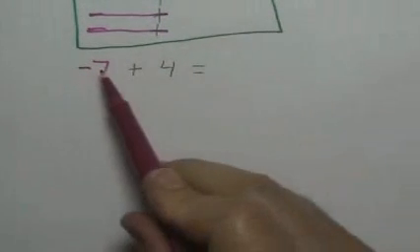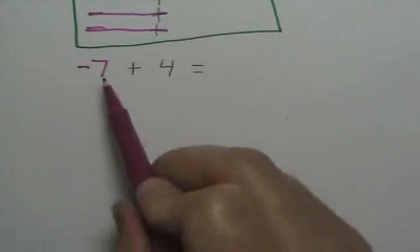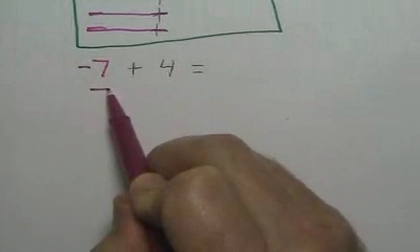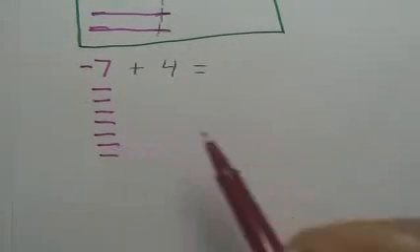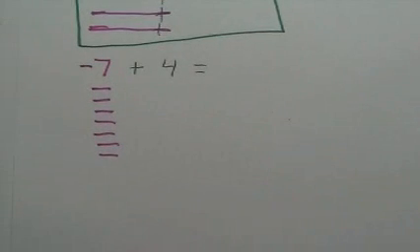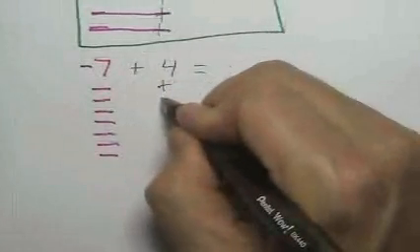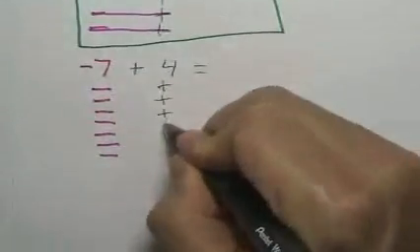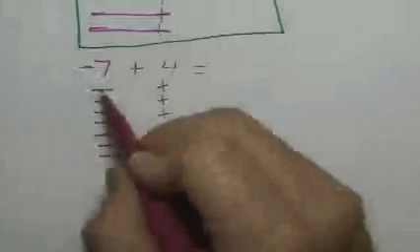Okay, here's the next one. Negative 7 plus 4. So I have 7 negatives. 1, 2, 3, 4, 5, 6, 7. And I have 4 positives. Positive 4. So 1, 2, 3, 4. So they pair off.